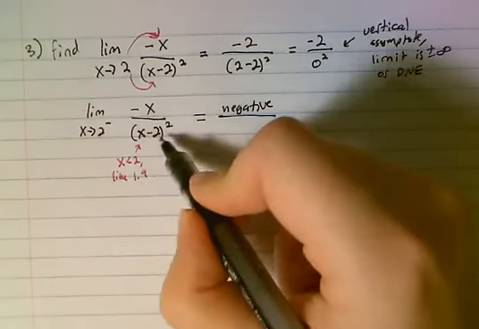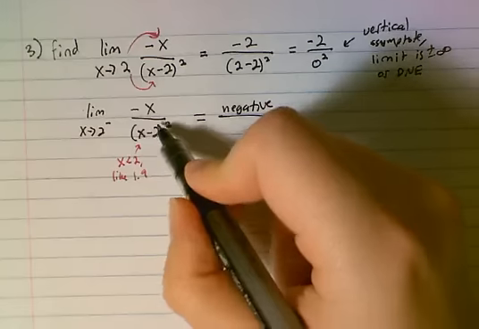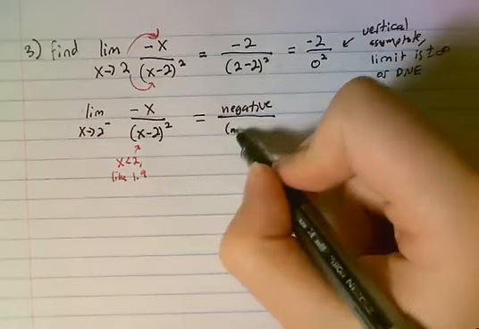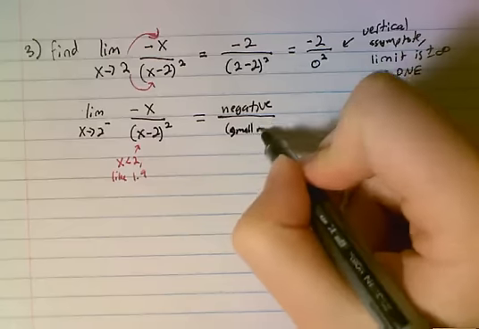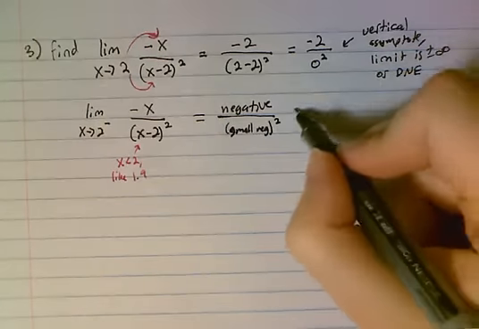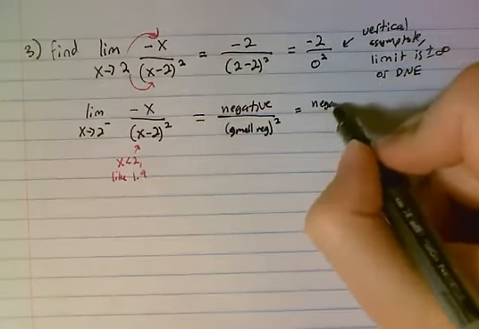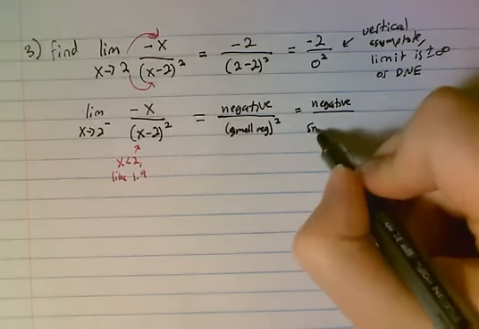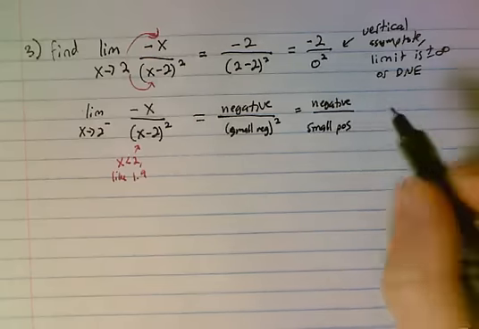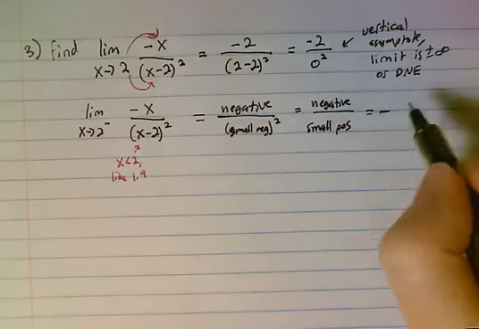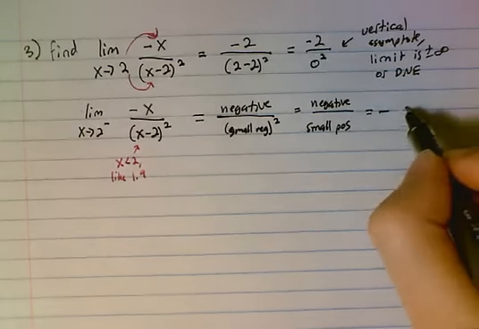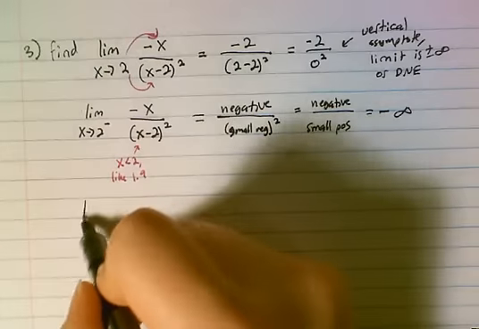Here, 1.9 minus 2 is negative, but the whole thing is squared. So a small negative squared is going to give us a negative over a small positive. So when we divide those, we have negative, a number divided by a very, very small number, infinity.